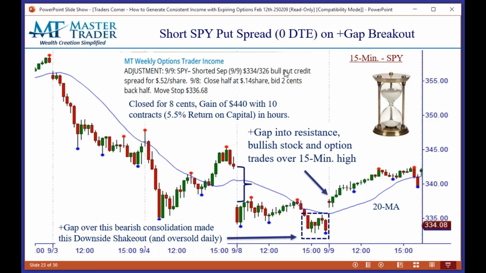I only paid a penny for the 326s. We went over that. So you can either do the 334s naked, or just for peace of mind and less buying power requirement, spend a penny. We sold this one for 52 cents, closed half at 14, bid 2, and we're out. We're out of it in this morning rally.